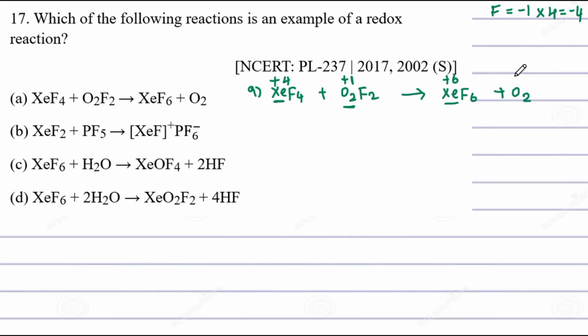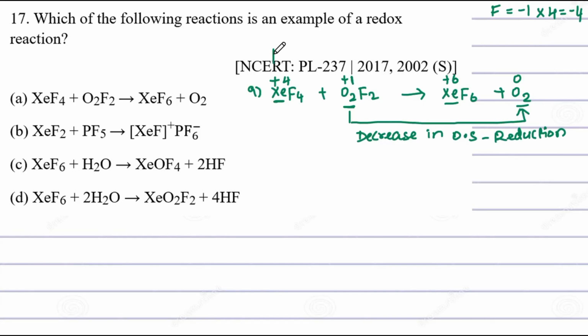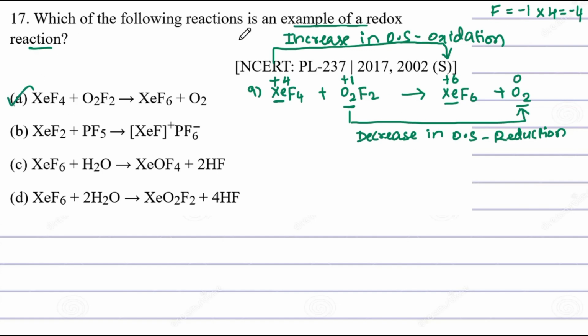Oxygen in its elemental form will have the oxidation state of 0. So for oxygen, from +1 it is reduced to 0, a decrease in oxidation state, so it is reduction. Then for xenon, from +4 to +6, it is an increase. Increase in oxidation state is oxidation. So obviously it is a redox reaction. So the correct answer is option A.